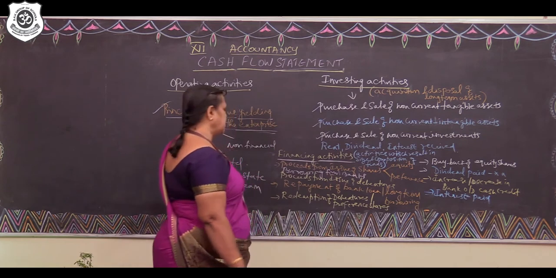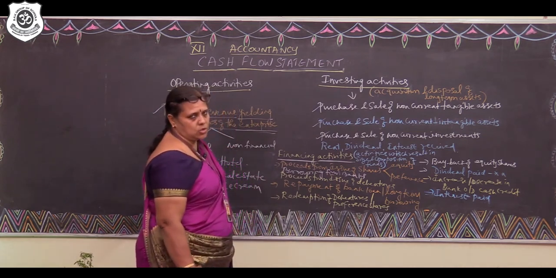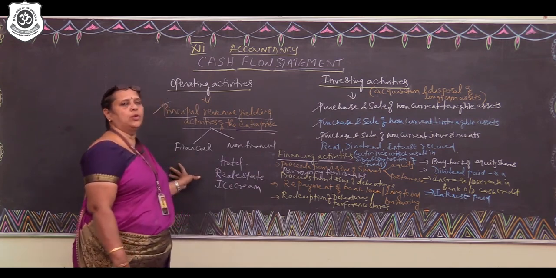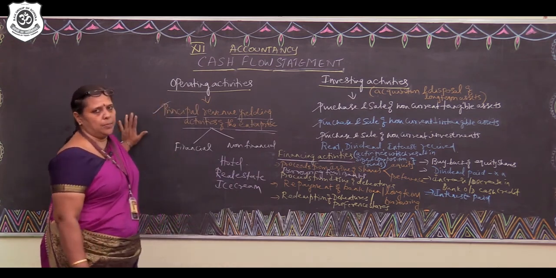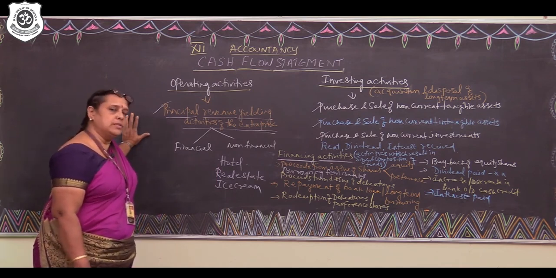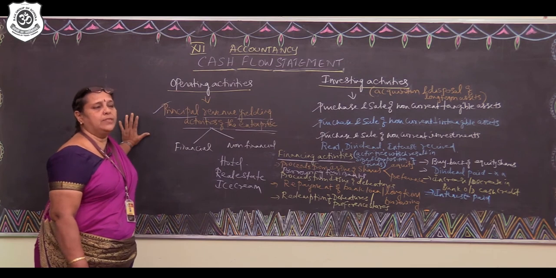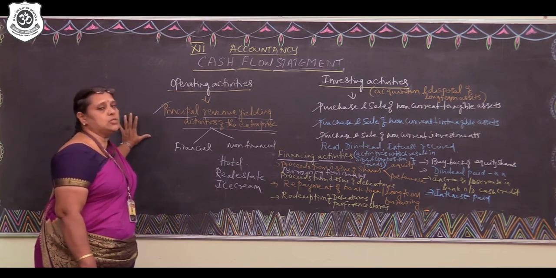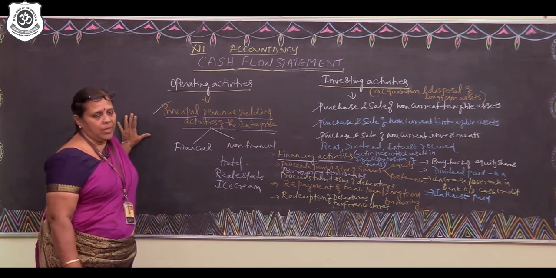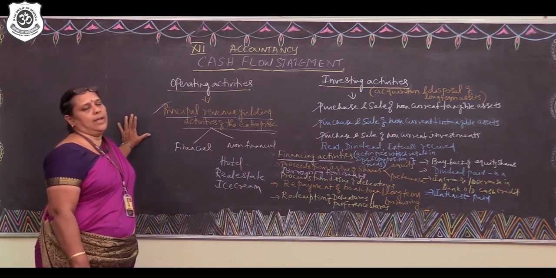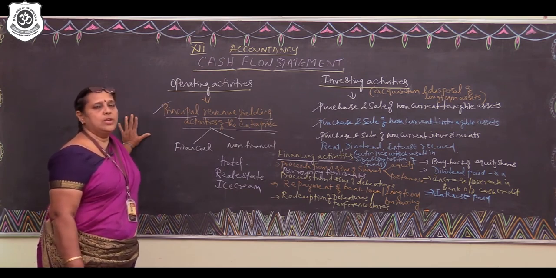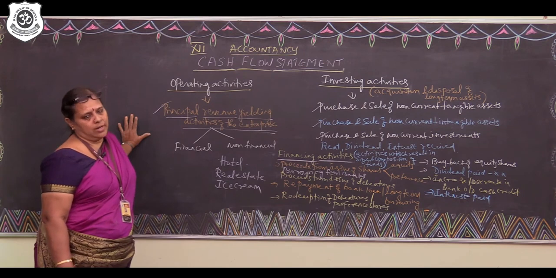So, let us revise what we discussed in this topic. We discussed the classification of activities while preparing the cash flow statement, namely operating activities, investing activities and financing activities. Operating activities are the fundamental existence of the business. They are the principal revenue yielding activities. The principal revenue yielding activity depends upon what type of enterprise it is, a financial enterprise or a non-financial enterprise.